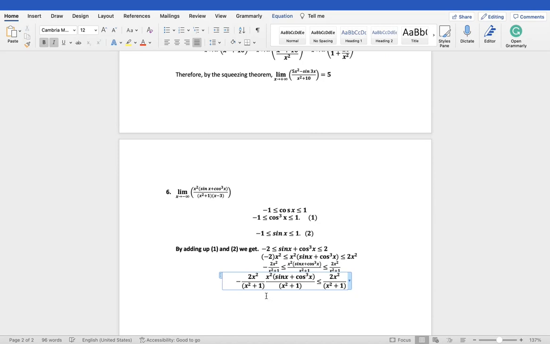So now it becomes greater than here and greater than there, and we divide by x minus 3 on all sides.